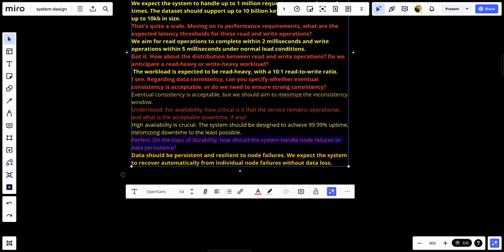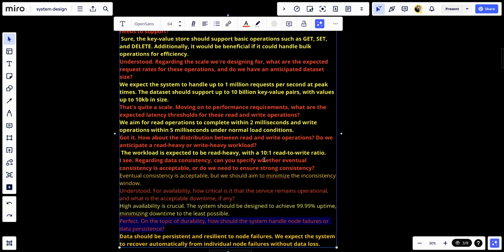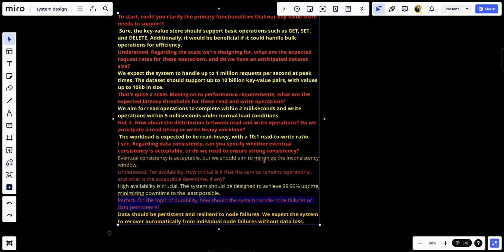And the last question will be on the topic of durability. How should the system handle node failures or data persistence? So we say okay, data should persist and be resilient to node failures. We expect the system to recover automatically from individual node failures without loss. So I guess you don't need to ask more than that.